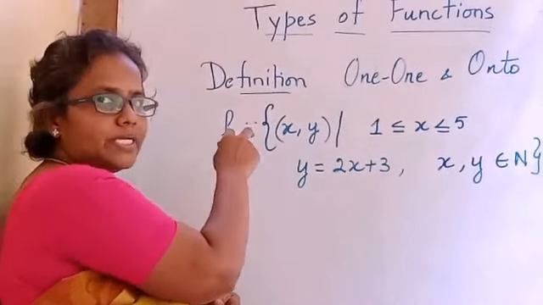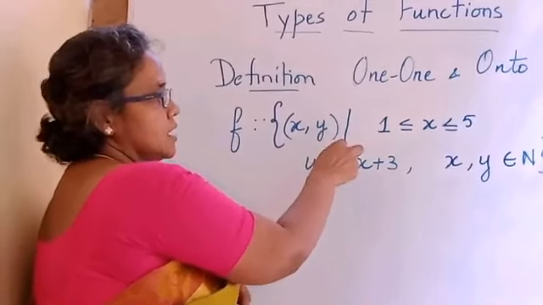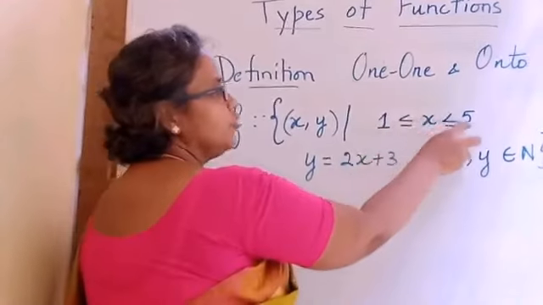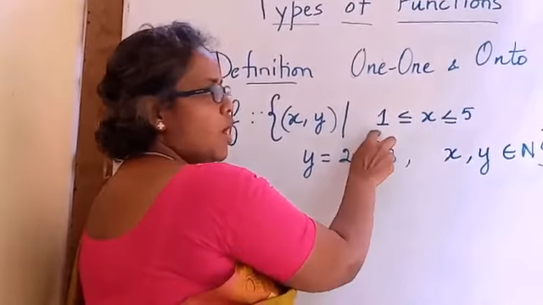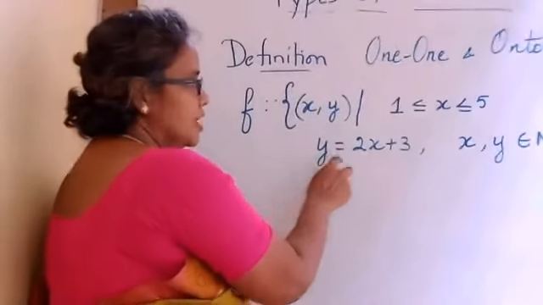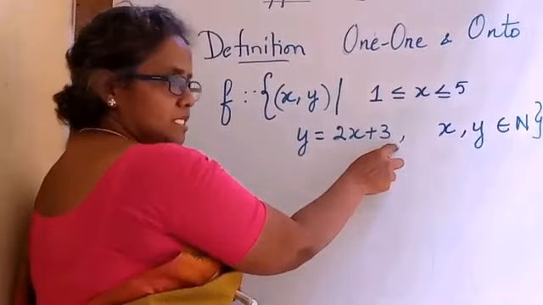According to this, what do you understand? It is x comma y, an ordered pair such that the value of x ranges from 1 to 5, inclusive of 1 as well as inclusive of 5. And what is the function? The function is defined like this: y equals 2x plus 3.